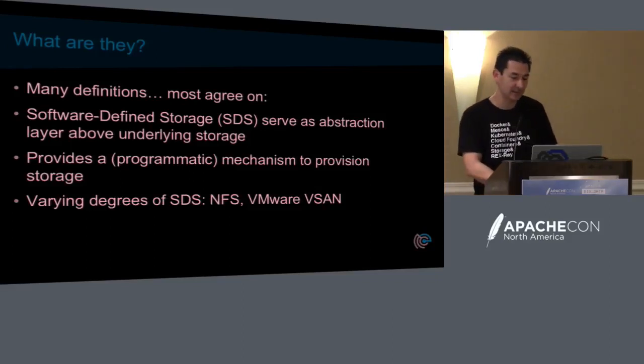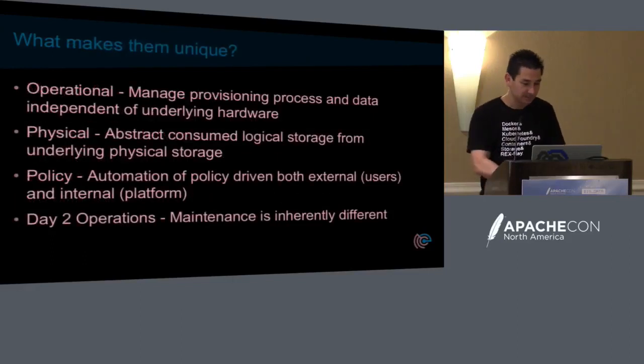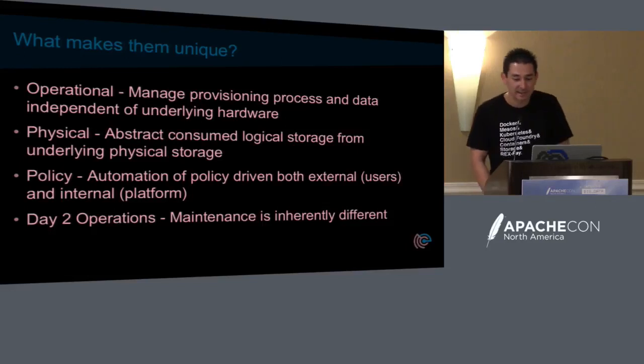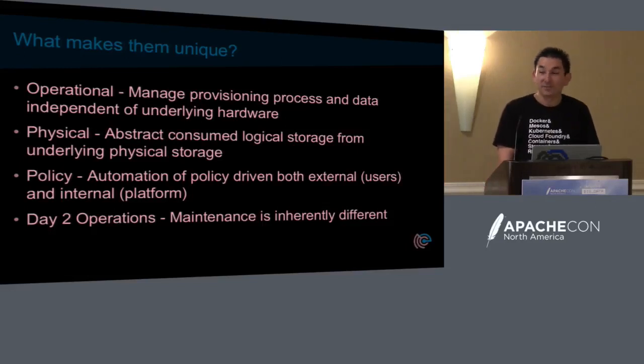Before we get into that, what makes software-defined storage unique? Operationally, you provision your storage through those APIs, and it's independent of the data that's on the underlying hardware. NFS as an example is a very, very primitive software-defined storage, one of the earlier ones.